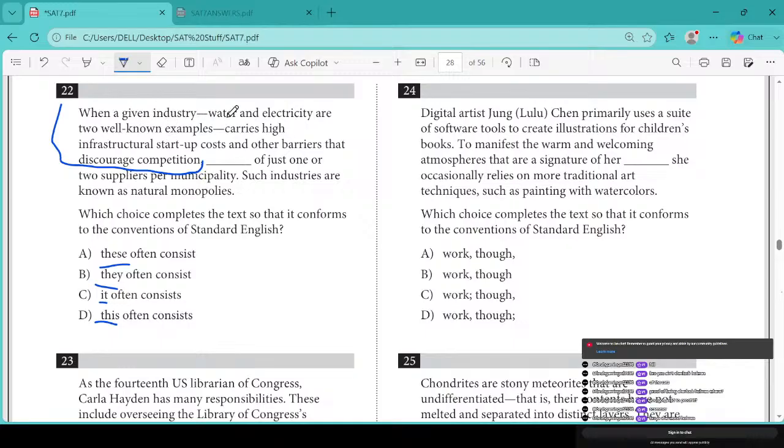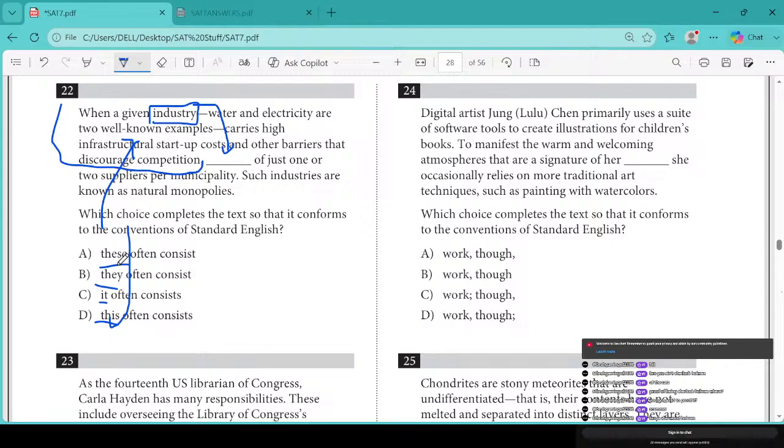When a given industry carries high startup costs and other barriers, when that happens, the industry often consists of just one or two suppliers per municipality. We need to find what these pronouns are supposed to refer to, and it's referring to the industry.